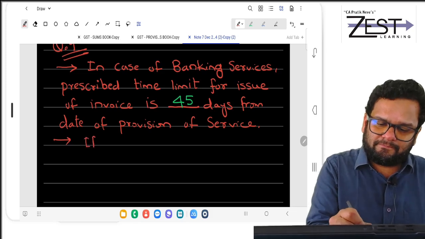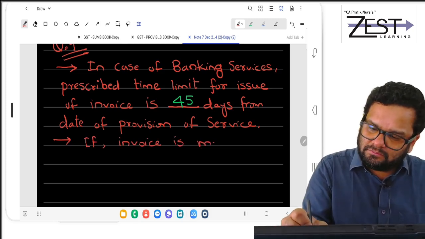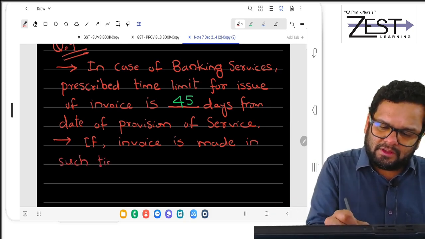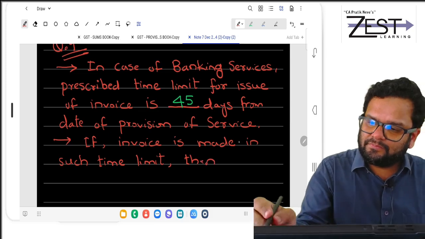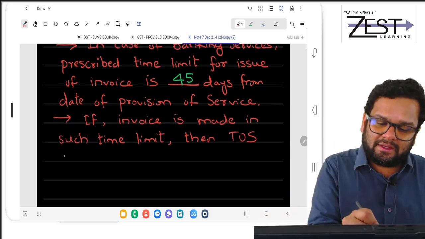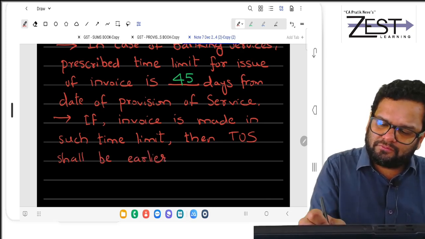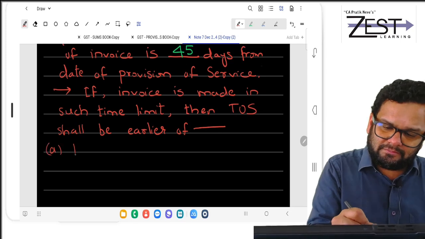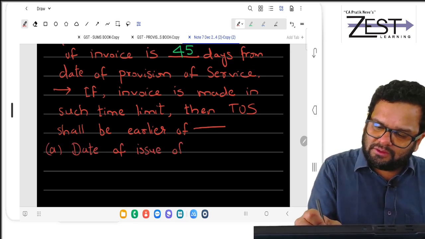If invoice is made in such time limit, then time of supply shall be earlier of what? A, date of issue of invoice.